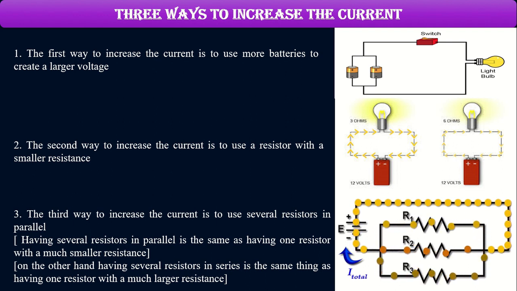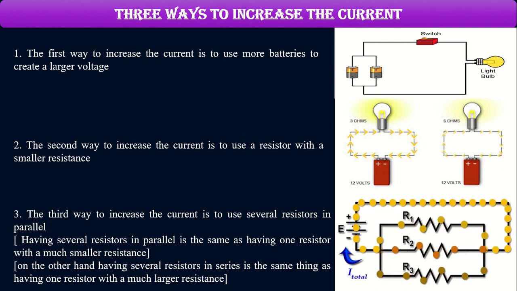Next, the second way. The second way to increase the current is to use a resistor with a smaller resistance. So what is a resistor? It is a device which obstructs the flow of current. If the value of the resistor is less, then usually the current flow will be more. If the value of resistance is high, then the current flow will be less.